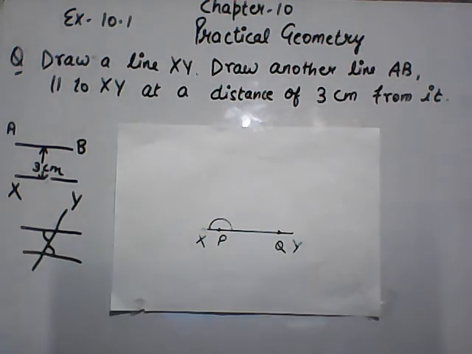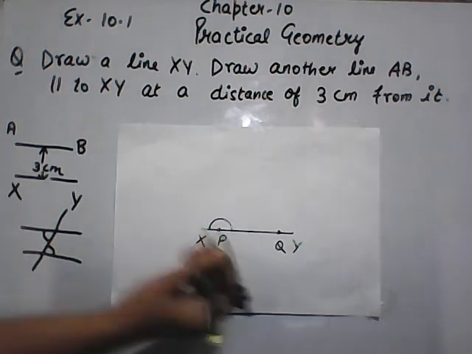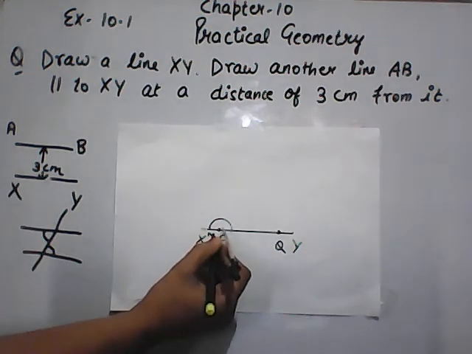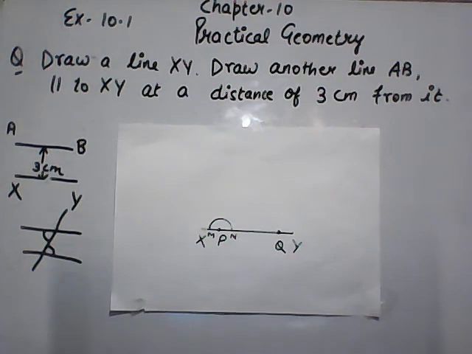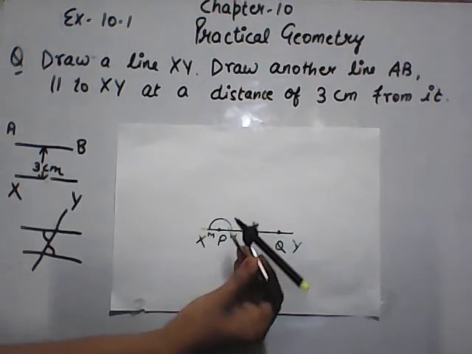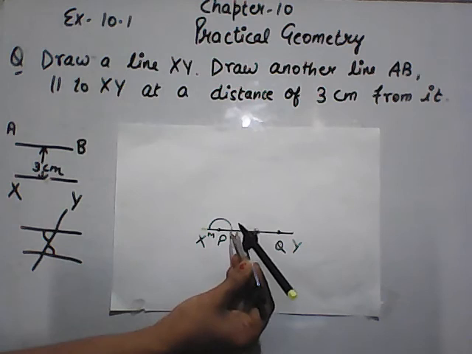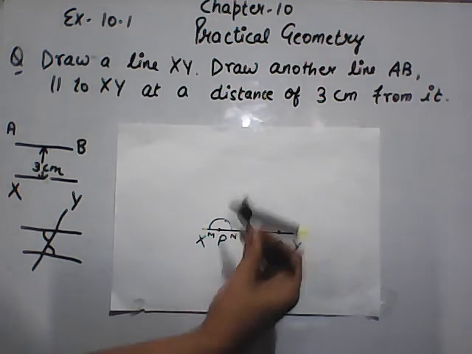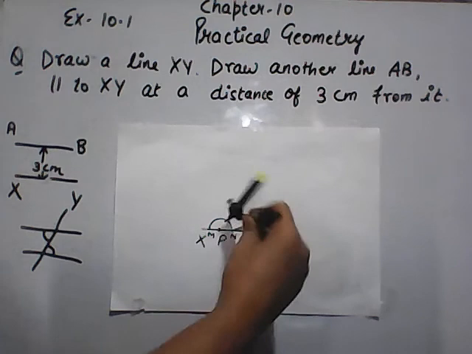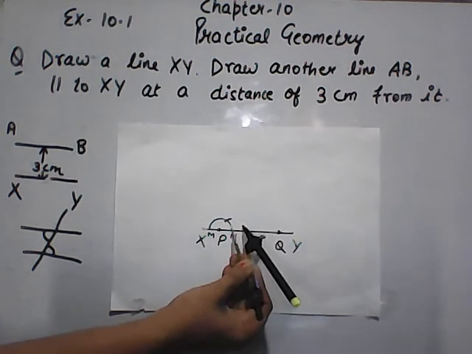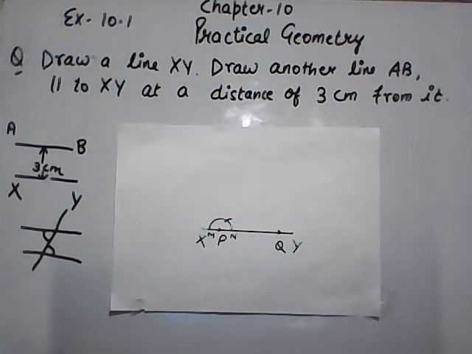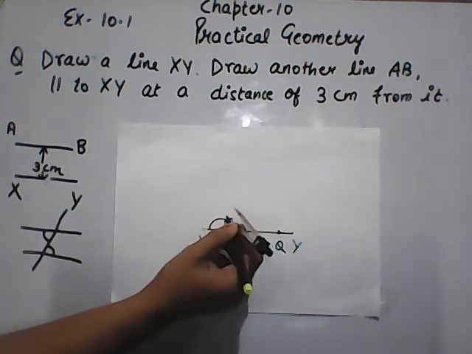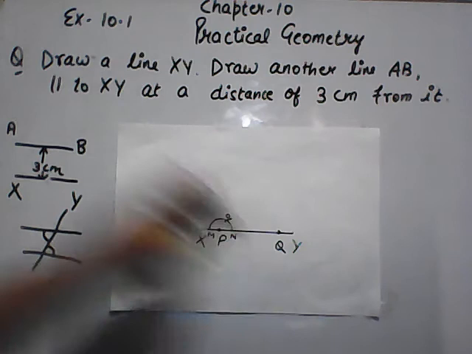Suppose it cuts at two points M and N. Okay, now with the same radius, put compass at point N and draw an arc. Suppose it cuts at point O.